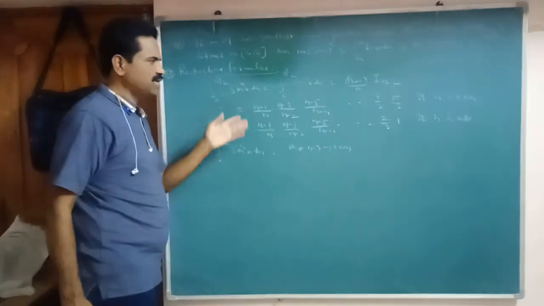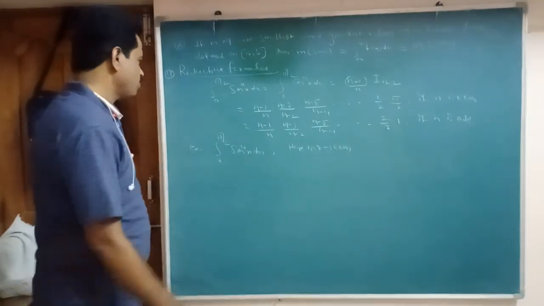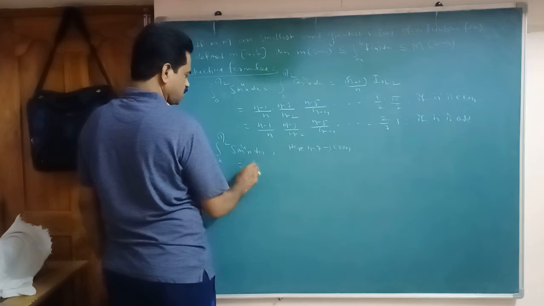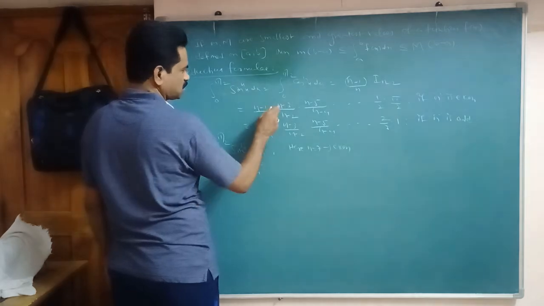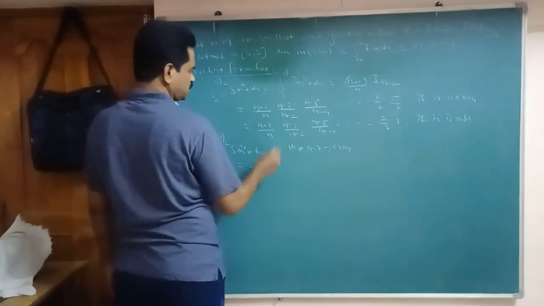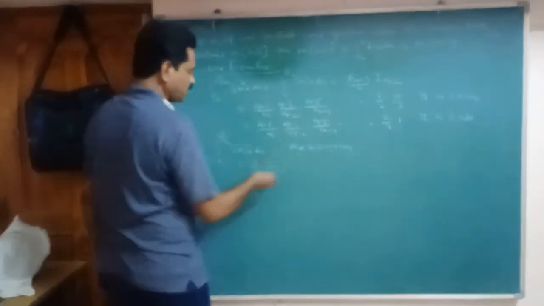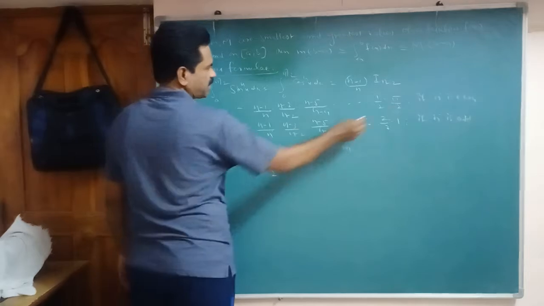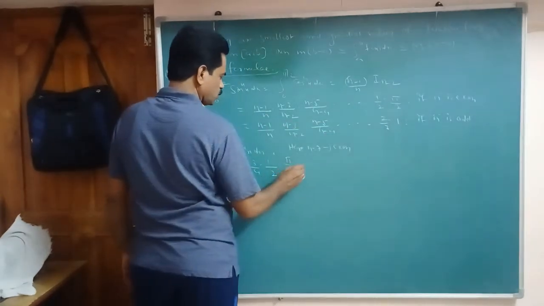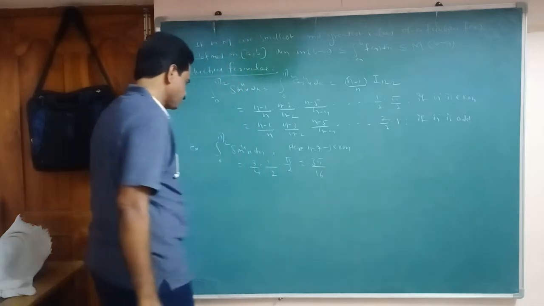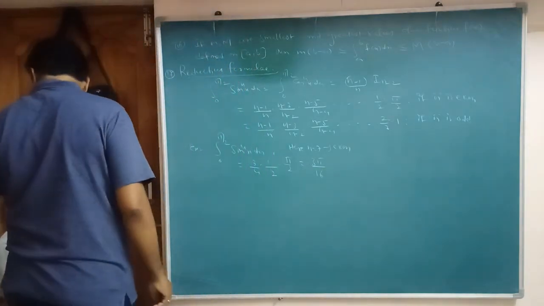Even means apply the above formula. Substitute n equal to 4: 4 minus 1, that is 3 by 4, into 3 by 2. Next, numerator 1, denominator 2, you stop here. Remaining is pi by 2. So it is 3 pi by 16.